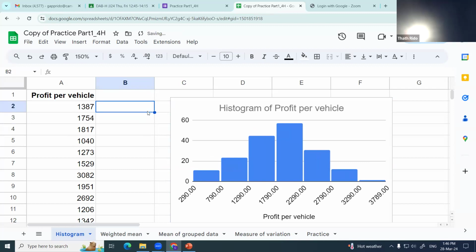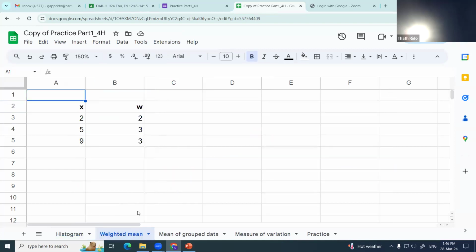So that is histogram, and you can play with color or change any decoration if you want, but let's move to weighted mean. Last week we computed the mean of individual data. So for weighted mean, our variable in this case is x, and we have the weight, w.